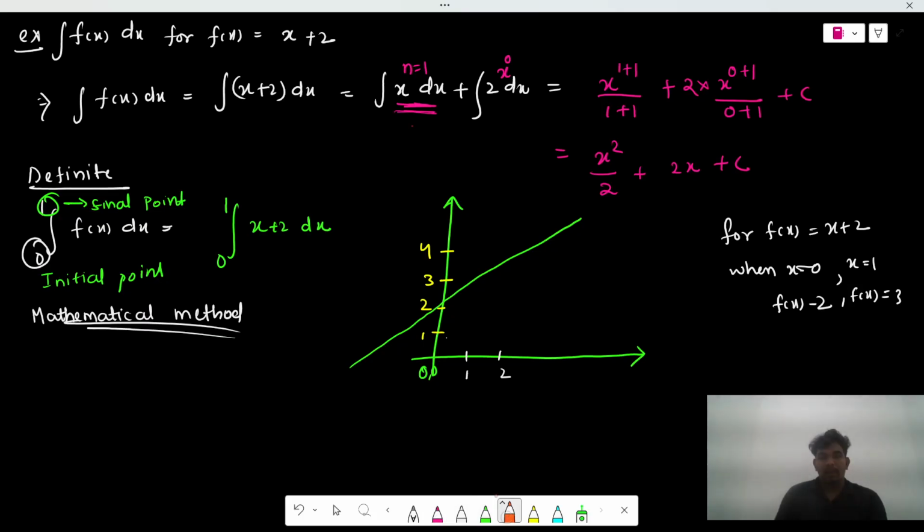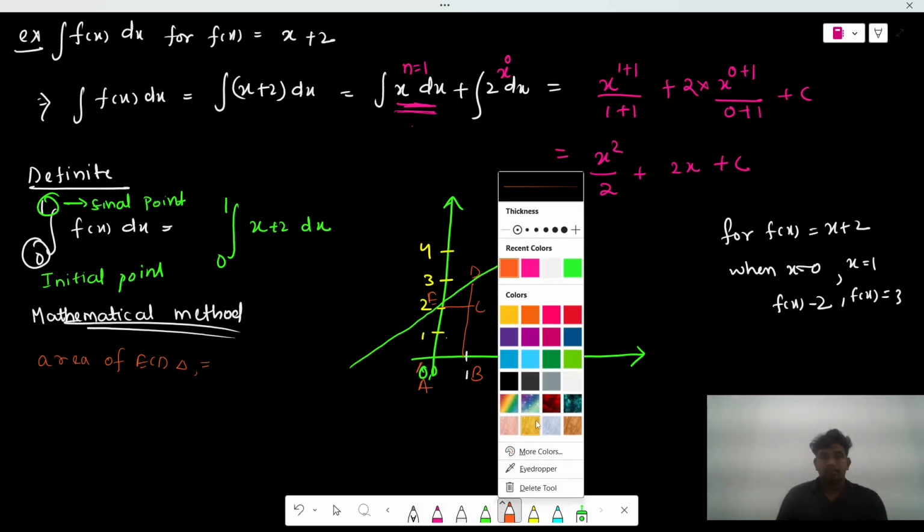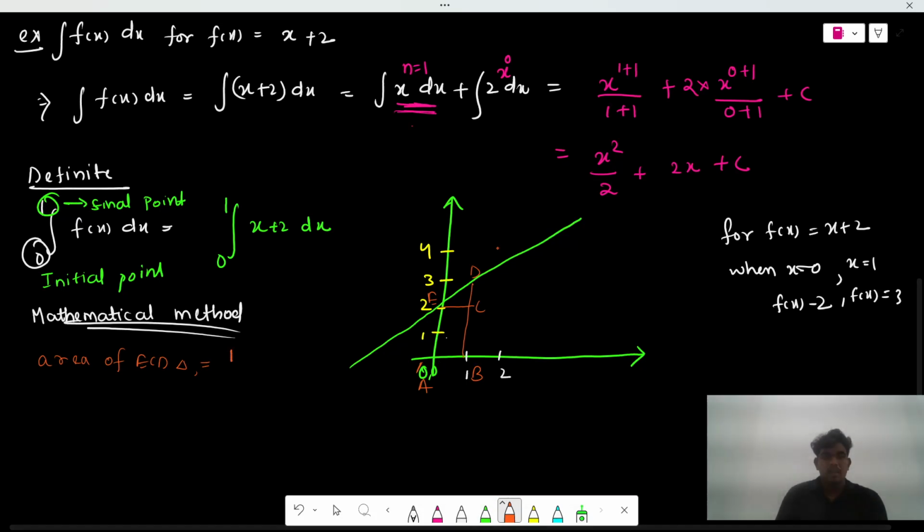First, let me name this structure. Let's say this is A, this is B, this is C, this is D, this is E. So, mathematical method: area of triangle ECD is half multiplied by base multiplied by perpendicular.